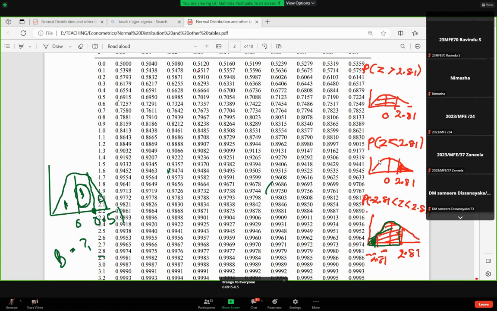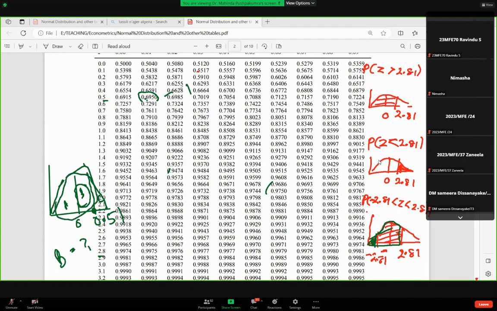Answer is this, 0.6950. It shows actually the probability related to this area.